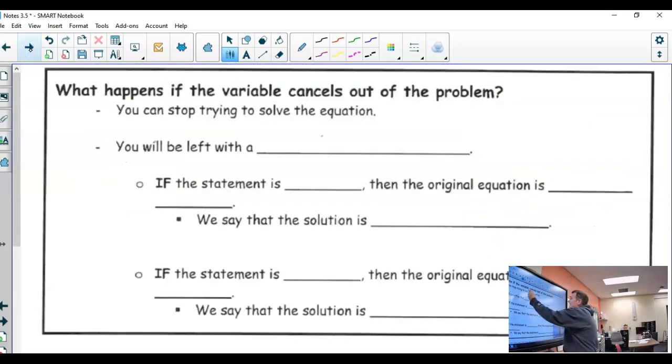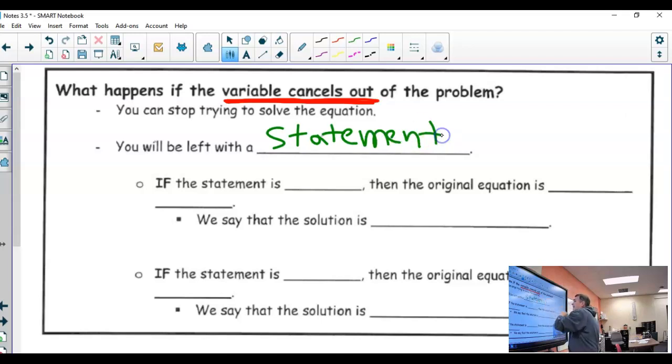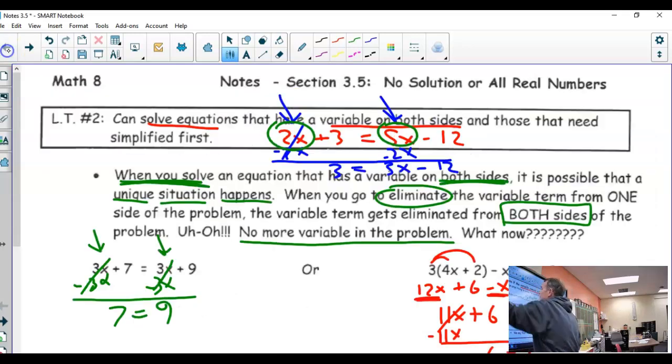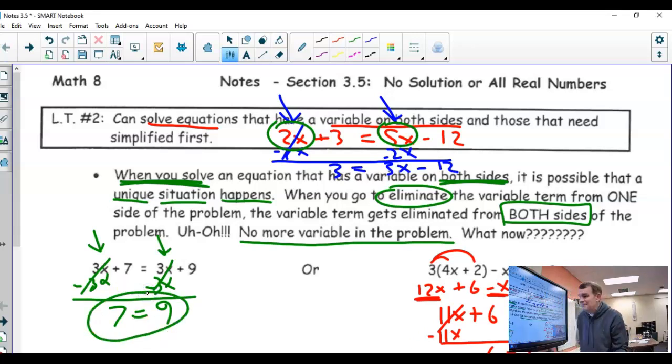Let's look and see what this means when this happens. So what happens if the variable cancels out of the problem? Well, the good news is you can immediately stop trying to solve the problem. And one of two things happens. Either you will be left with a statement. That is what I call this. 7 equals 9. That is a statement.